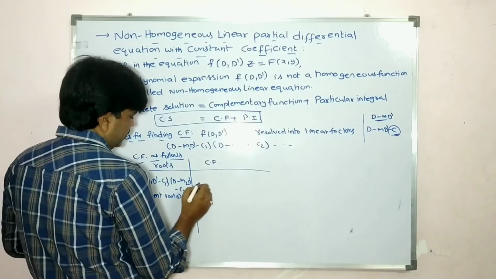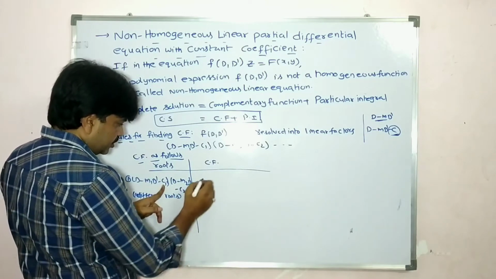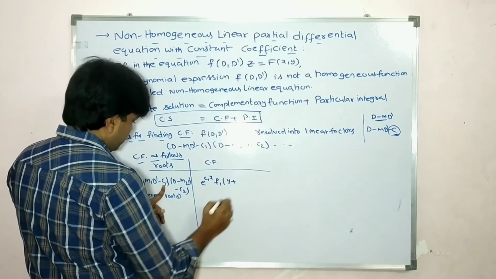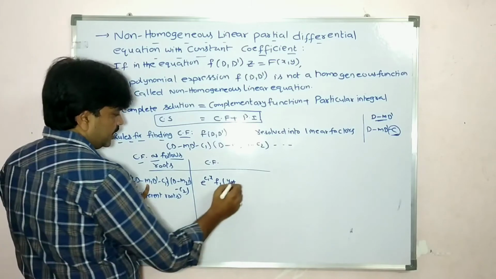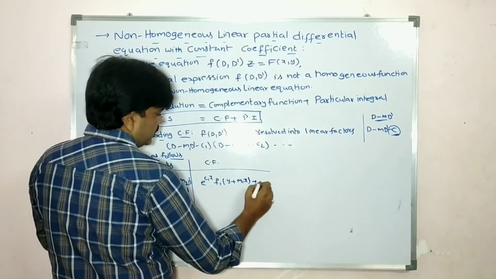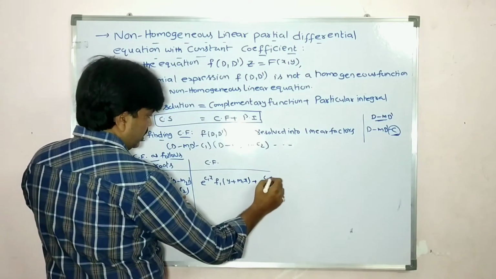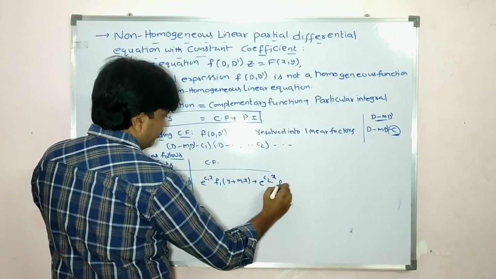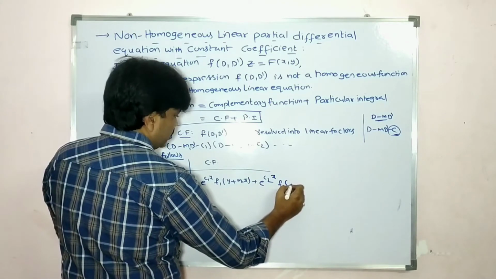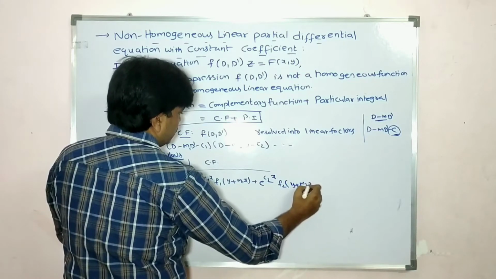In this case, the complementary function is e power c1x f1 of y plus m1x, plus e power c2x f2 of y plus m2x.